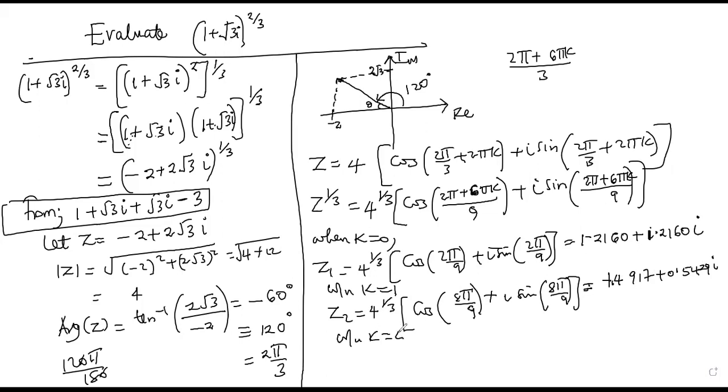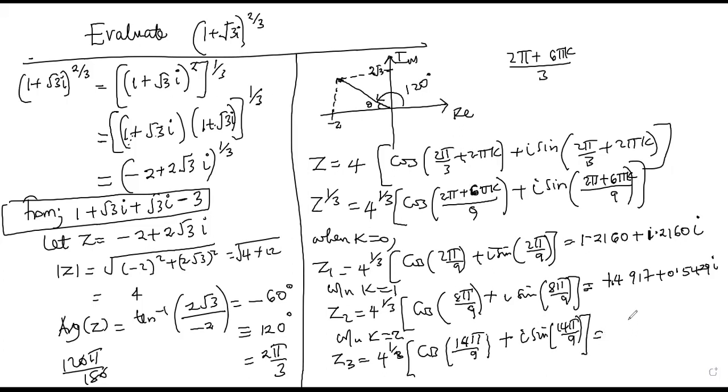Then you go to when k is 2. When k is 2, that is when we get the third root, or the cube root. It will be 4 power third, and of course now when k is 2, substitute 2. It will be 12 plus 2, that is 14 pi out of 9, plus i sine 14 pi out of 9.